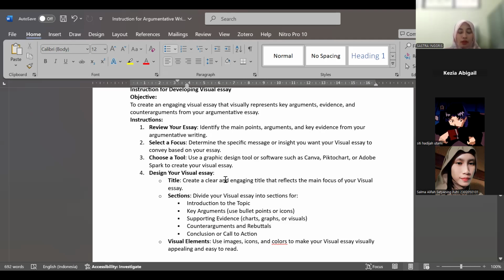Use a graphic if you need to enclose some graphs or charts in your essay. Just in case you need a tool, you can use several software here, such as Canva, Piktochart, Adobe Spark, to make your visual essay more interesting.